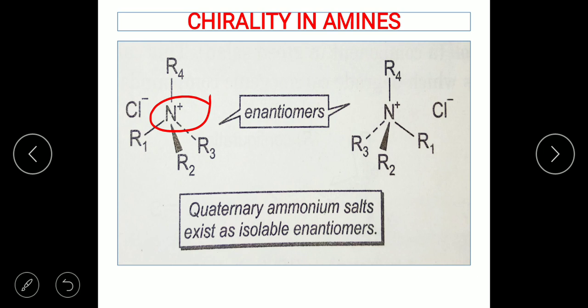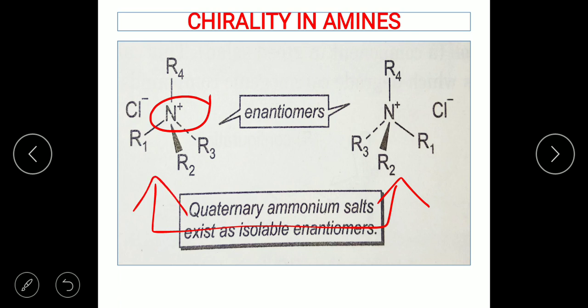Now in this quaternary ammonium salt, we see there is no lone pair, because it has bonded with another substituent, R4. These examples are again chiral amines, and these can be isolable. That is, they can be obtained as a pair of enantiomers which can be isolated easily.